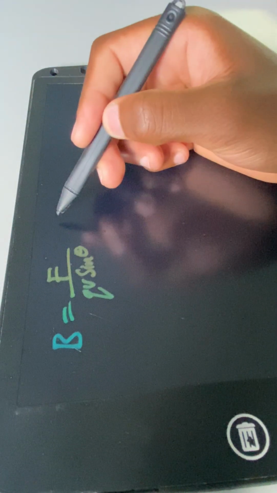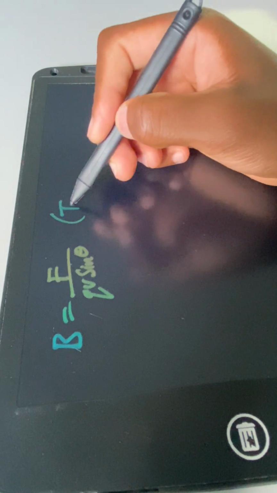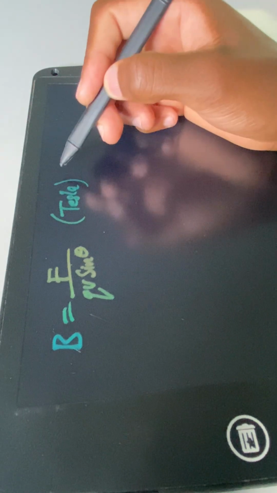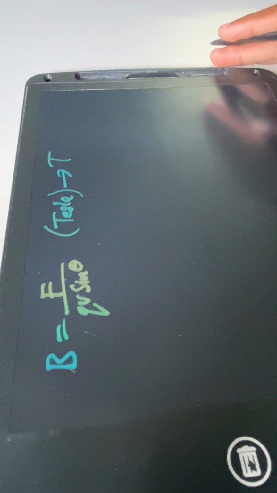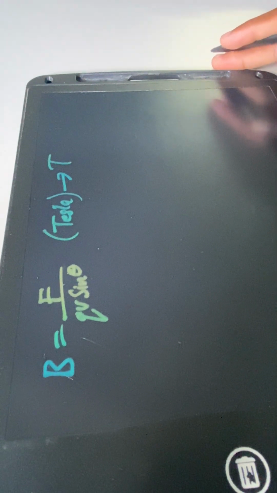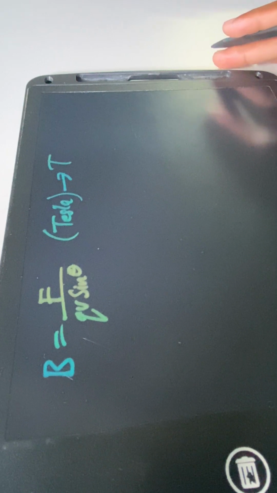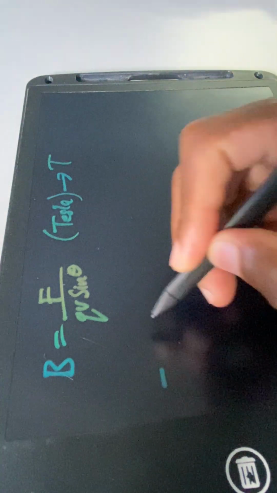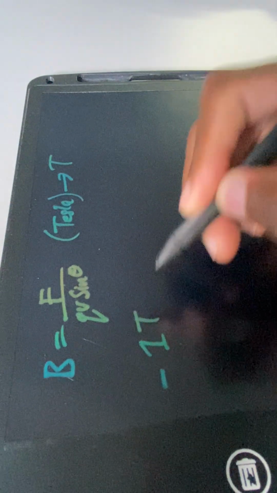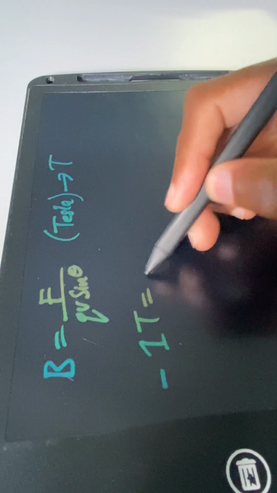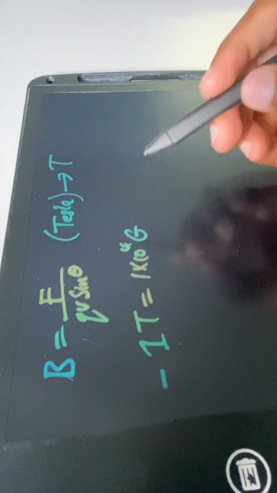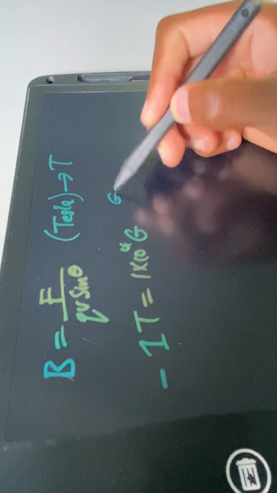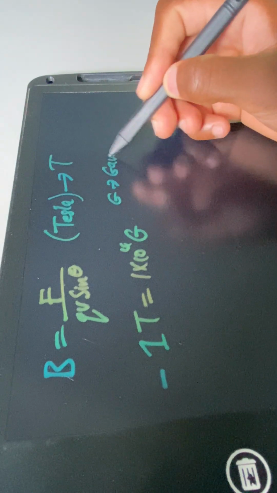We measure this using Tesla, the symbol T. So you need to know the unit. We can also change the unit for Tesla into gauss, which is G, whereby 1 Tesla is equivalent to 1 times 10 to the power 4 gauss, where G is the symbol for gauss.